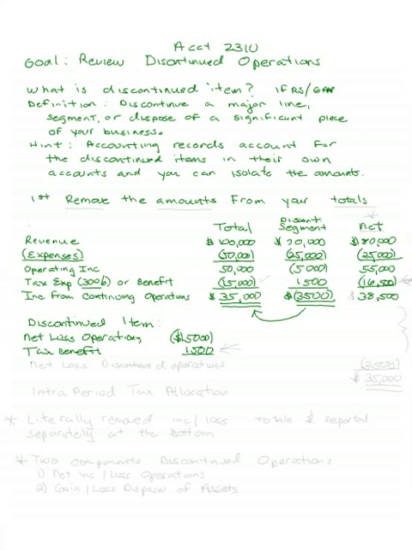So the net loss from discontinued operations would be included in my net amount at the bottom of the income statement, and it would be $3,500 loss.